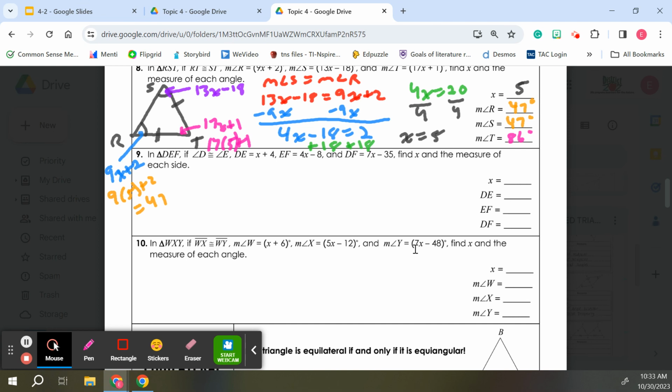So we're saying WX is congruent with this, so that means these two angles are congruent. Any questions like this?